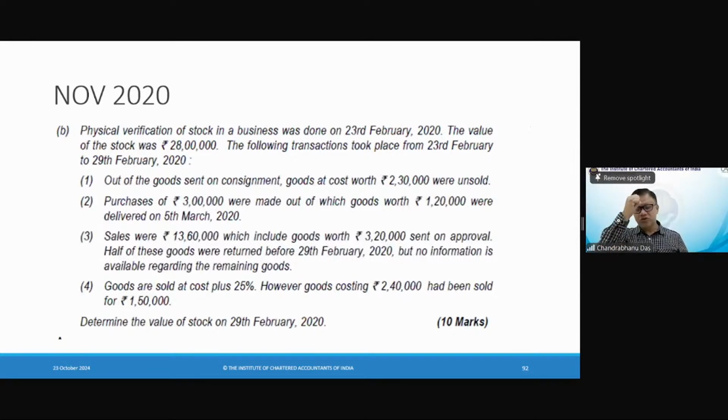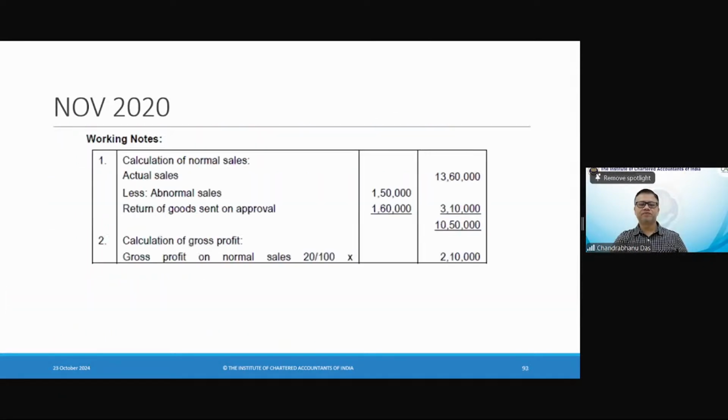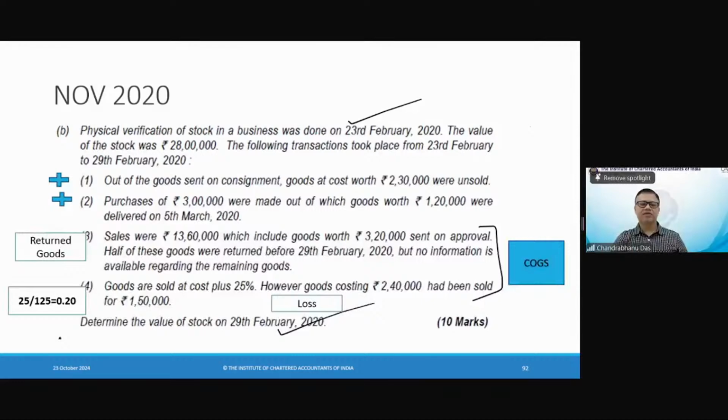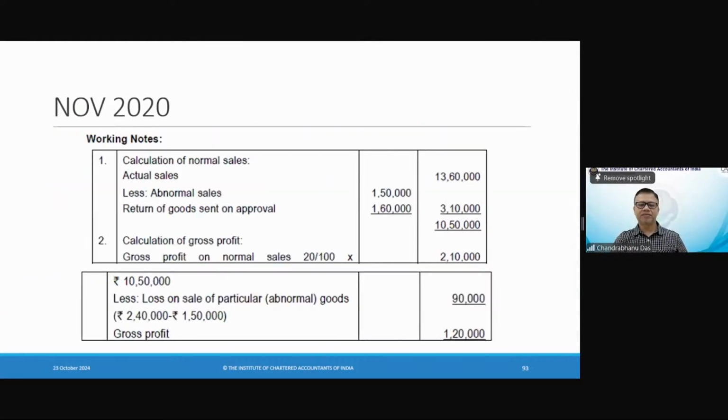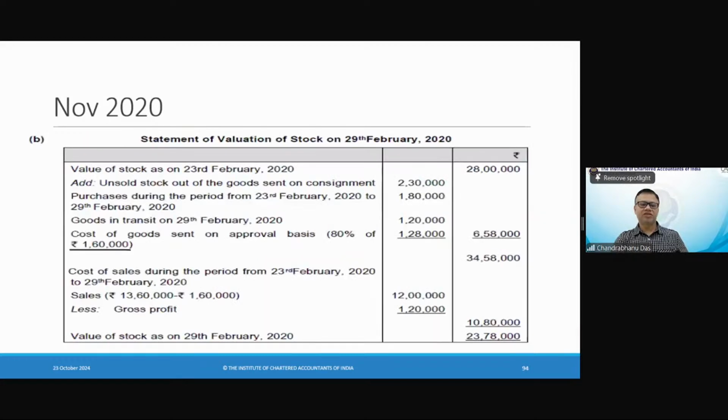Similarly in November 2022 also, the transactions from 23rd to 29th are given, and it's asking you to find out the cost of goods sold. So you have to keep track of which are the returned goods which will come in the COGS, and we deducted the abnormal sales, return of goods which are sent for approval. Then loss on the sale of particular abnormal goods also has been taken. And then we always calculate the gross profit.